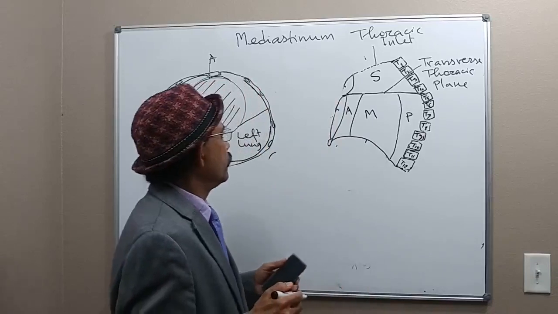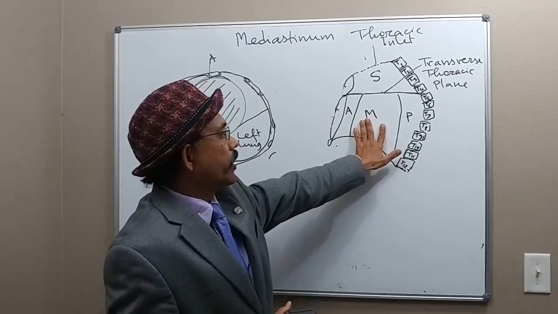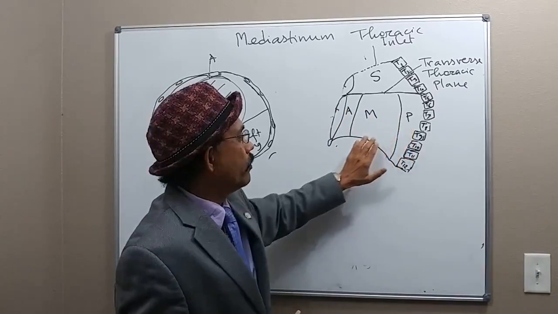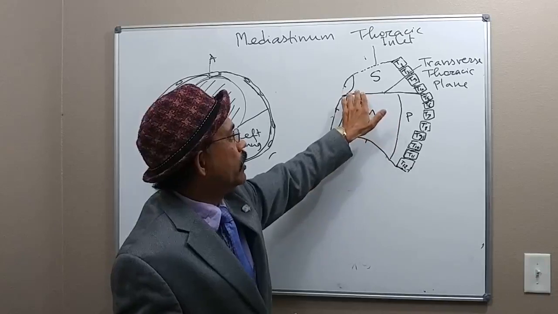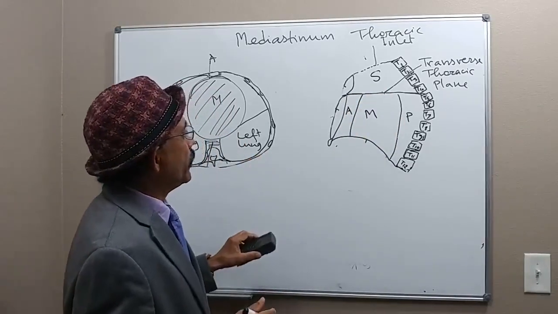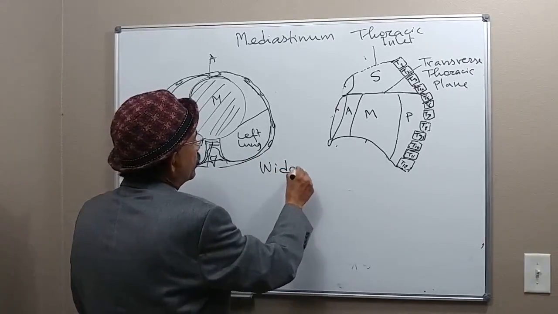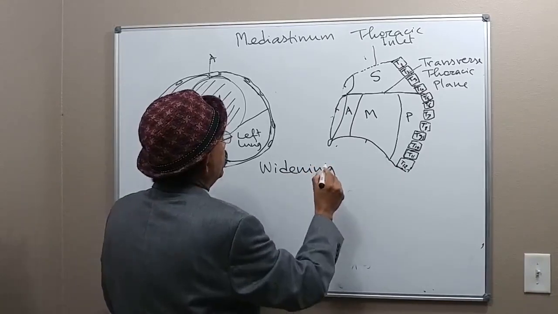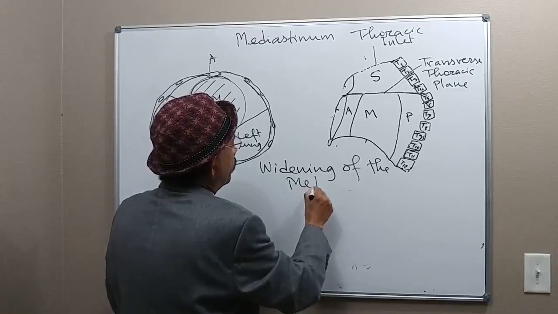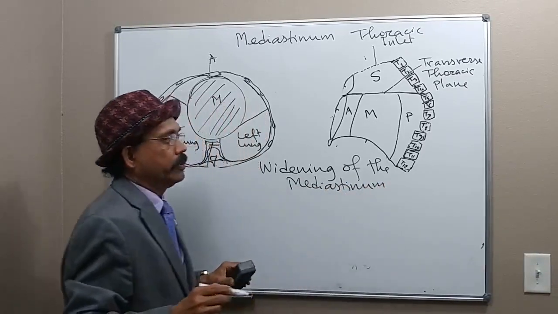The middle mediastinum is here, anteriorly bounded by the anterior mediastinum, posteriorly by the posterior mediastinum, below by the diaphragm, above by the transverse thoracic plane. So we may have widening of the mediastinum. If you take an X-ray, we'll see that widening.